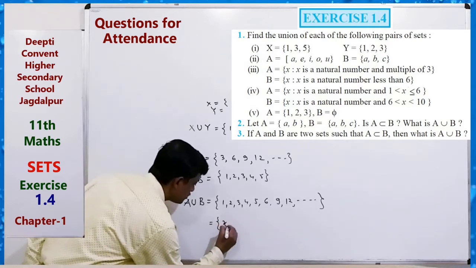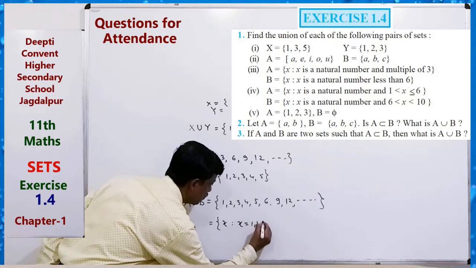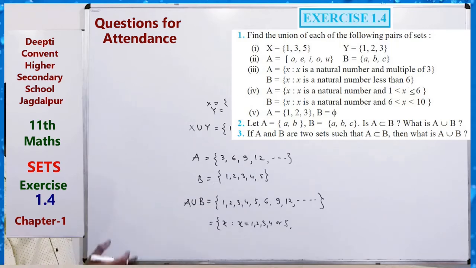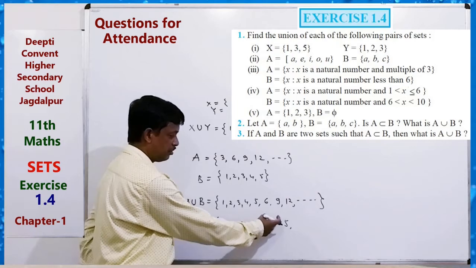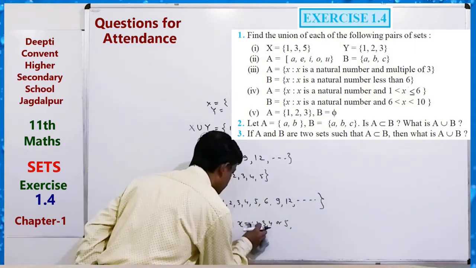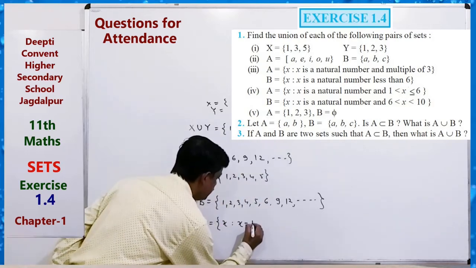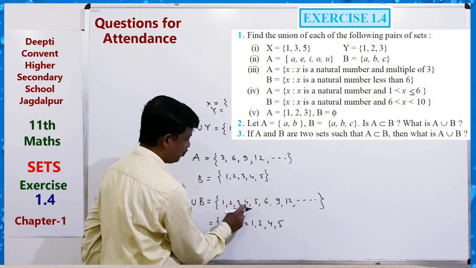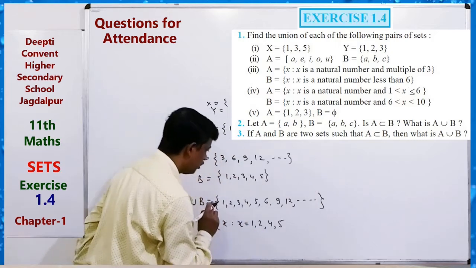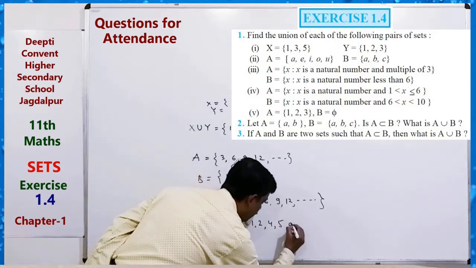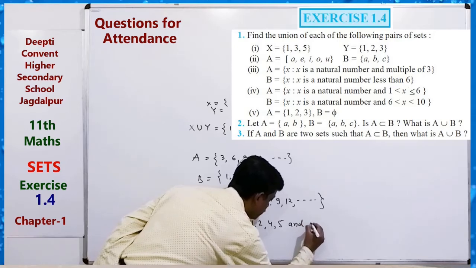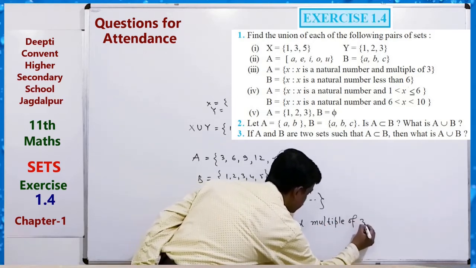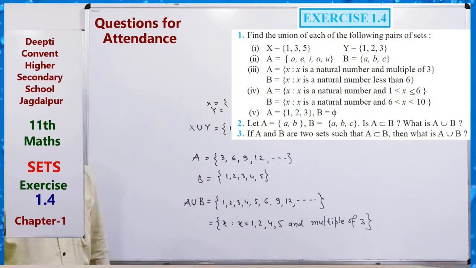So x such that x equals 1, 2, 3, 4 or 5, maybe any element 1, 2, 4, 5, and multiple of 3. So this will be the answer.